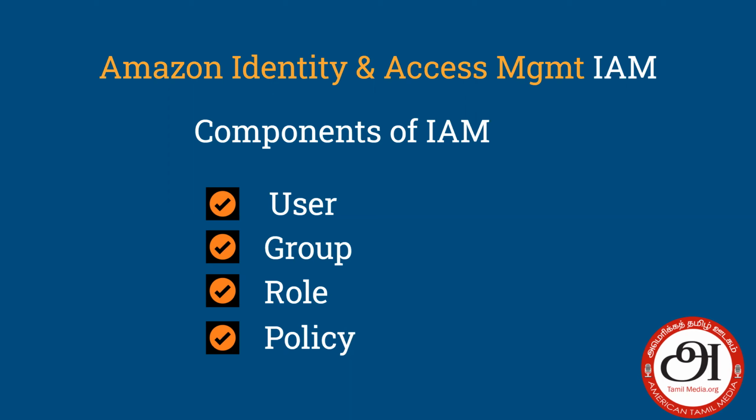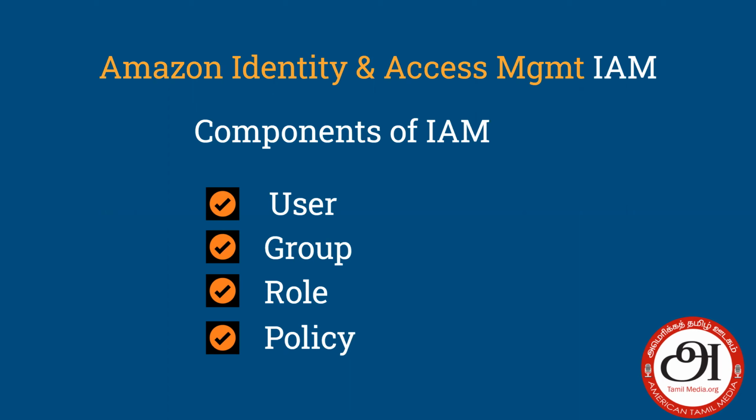And role is what a person can do, right? So certain people can create some resources. Some people can read and write files into a bucket. So those definitions will be there.